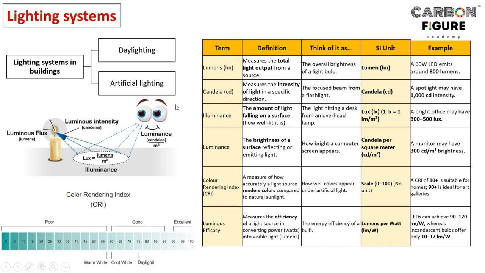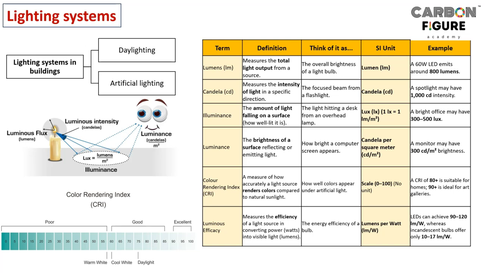Because we have a sphere of directions, within which, in a particular direction, with the help of some radian value, angle values, we can measure it. It is measured in candela, cd. A spotlight may have 1000 candela intensity. Spotlight, I hope you understand.